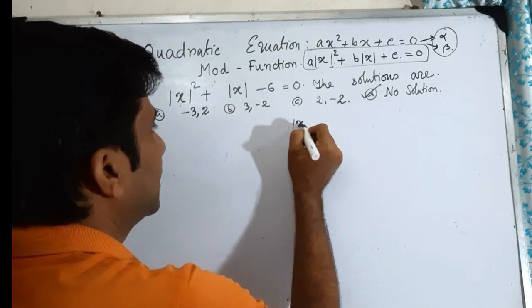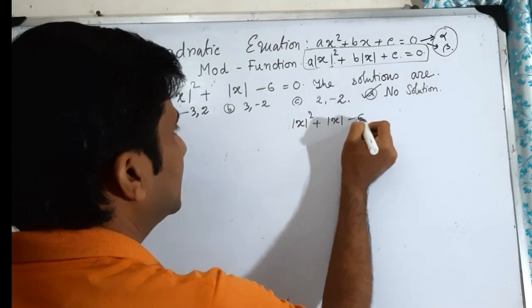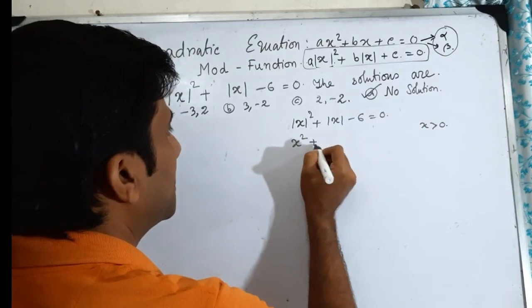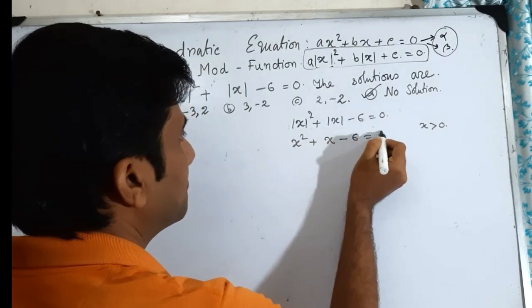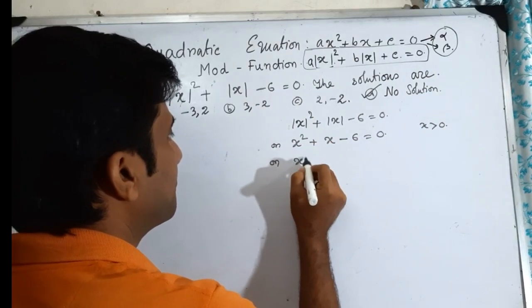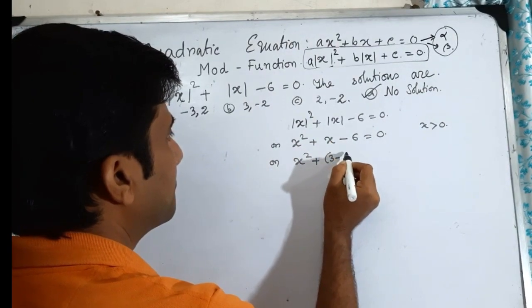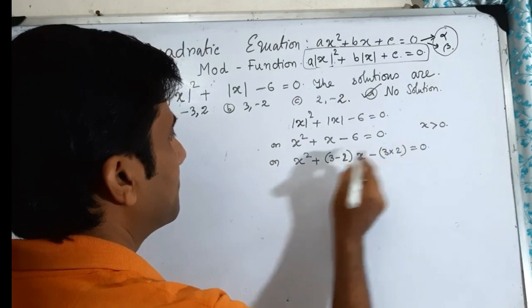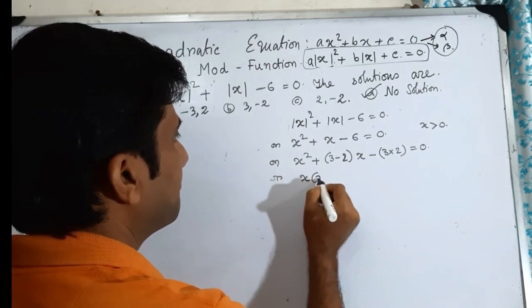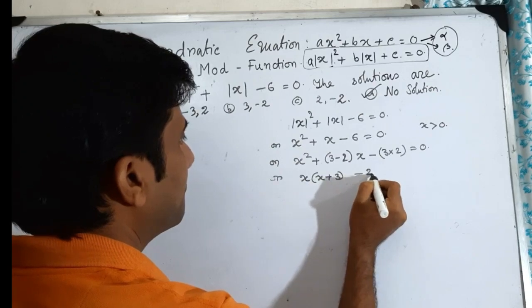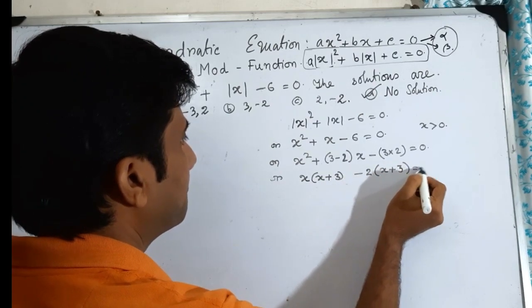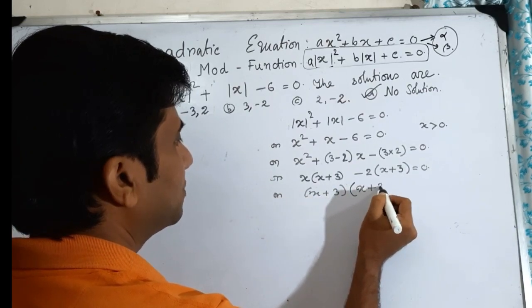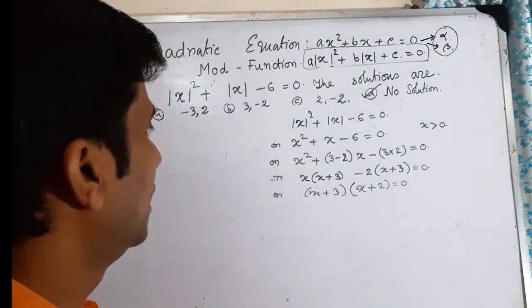Here, from this equation, mod x square plus mod x minus 6 is equal to 0, if x is greater than 0, we get x plus 3 into x minus 2 is equal to 0.